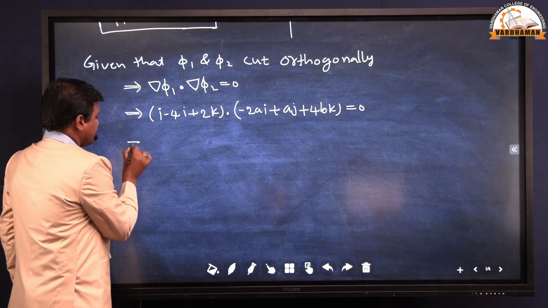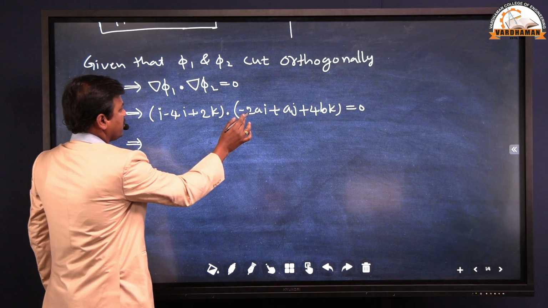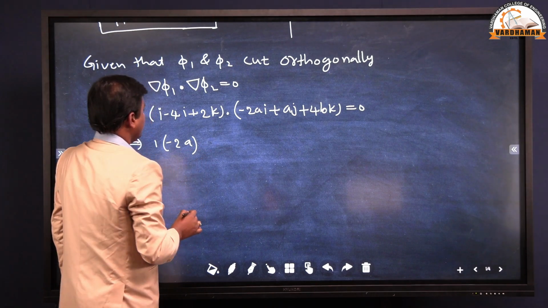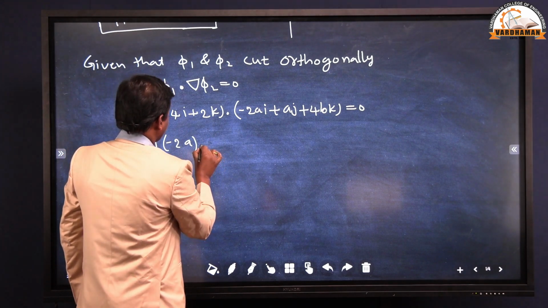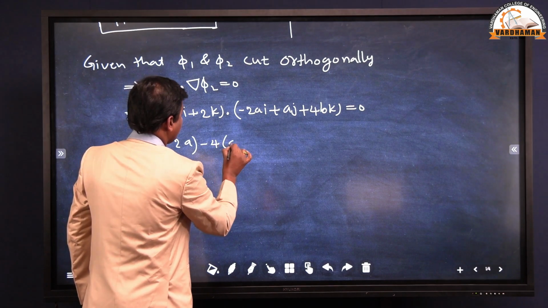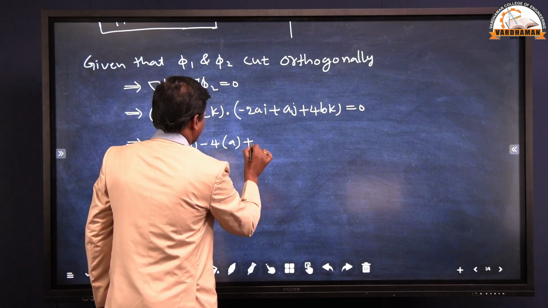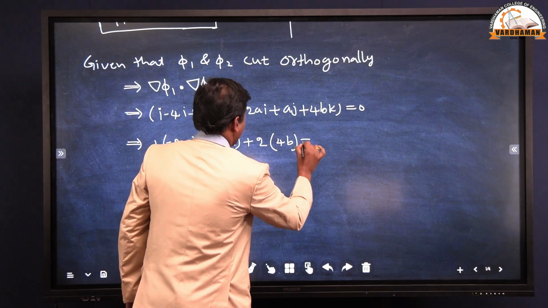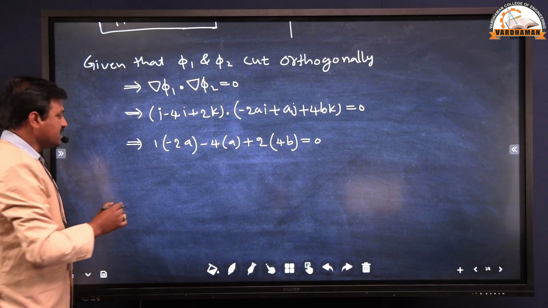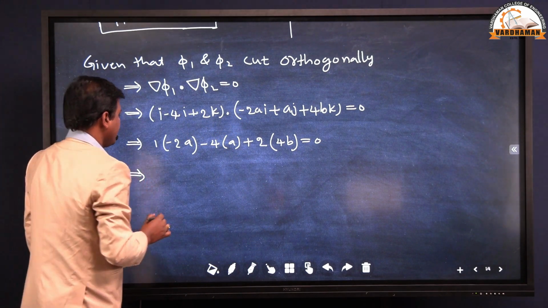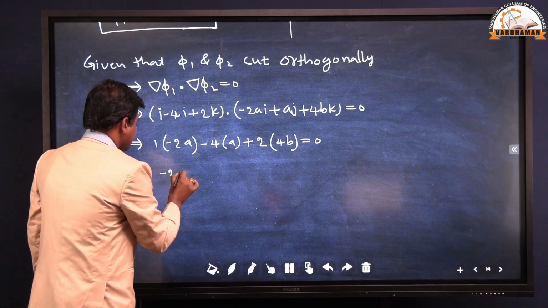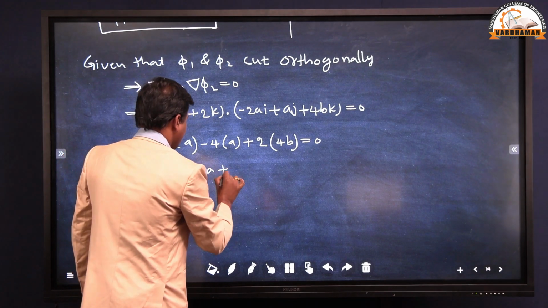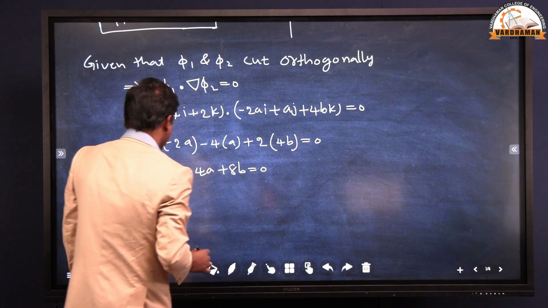So this implies i coefficient into i coefficient, 1 into minus 2a, j coefficient into j coefficient, so minus 4 into a, plus k coefficient into k coefficient, 2 into 4b, equal to 0. This implies minus 2a minus 4a plus 8b equal to 0.